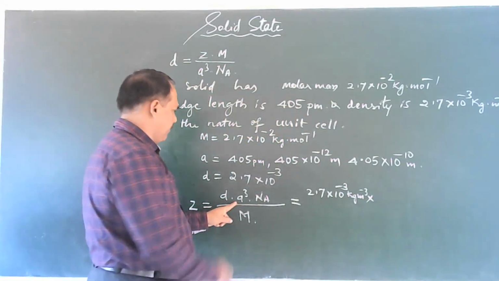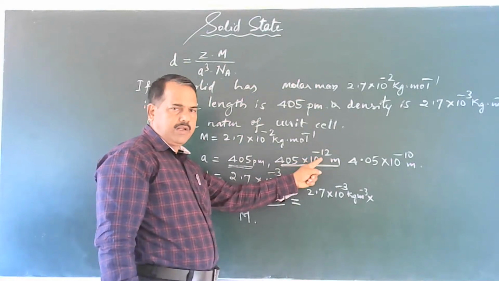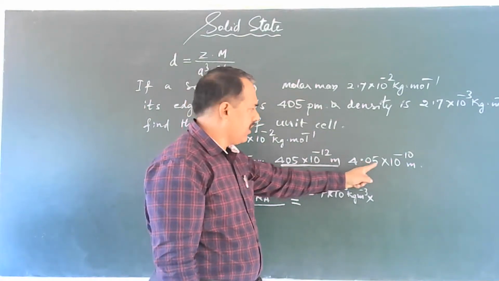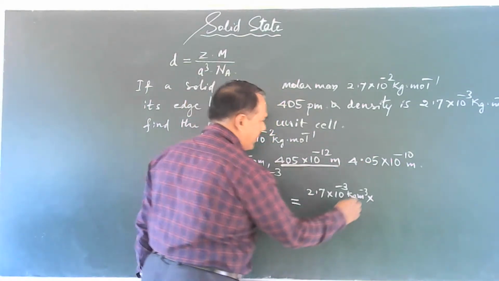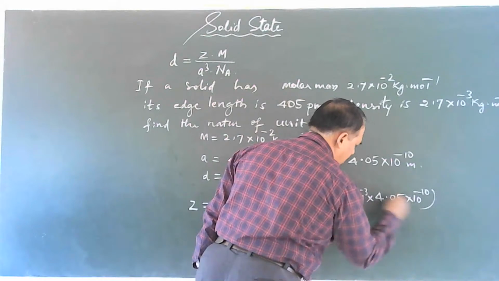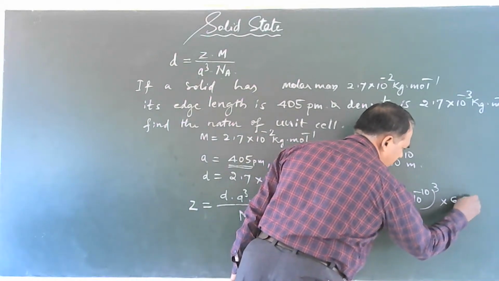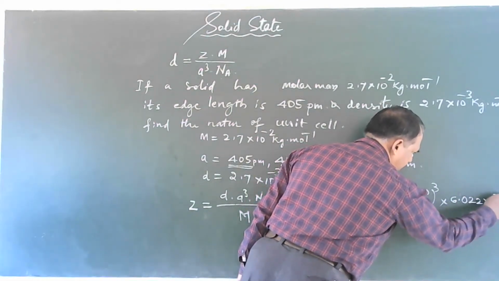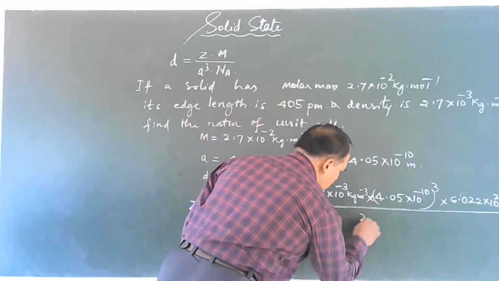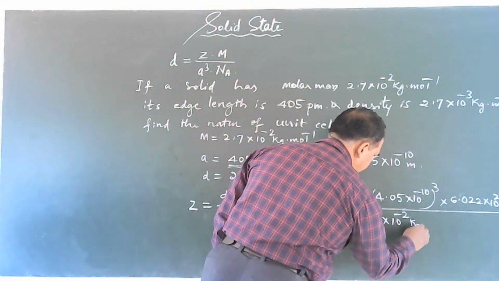The edge length is 405 picometer, which is 405 × 10^-12 meter, that is 4.05 × 10^-10 meter, and we need its cube. So we get (4.05 × 10^-10)³ into the Avogadro number 6.022 × 10^23, divided by the molar mass given, which is 2.7 × 10^-2 kg per mole.